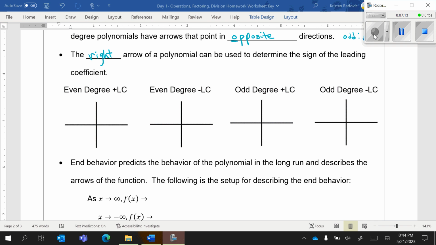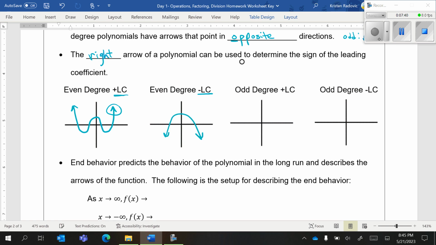If you have a positive leading coefficient and an even degree, such as y equals 3x squared, your arrows are going to go in the same direction, and more specifically, they're both going to go up. So an even degree will have the right arrow going up and both arrows go in the same direction. If you have a negative leading coefficient, that's actually a reflection.